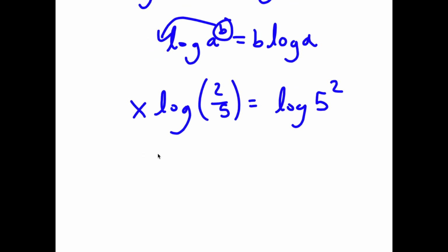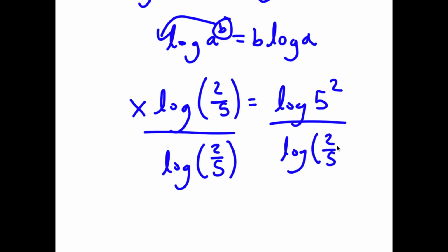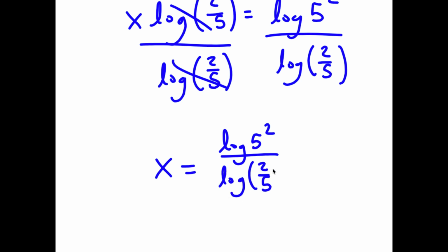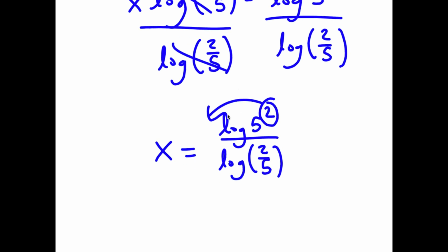5 squared. Now I'm going to divide both sides by log of 2 over 5. These two cancel out. So now I get x is equal to log of 5 squared over log of 2 over 5. Now I can move this exponent 2 to the front.